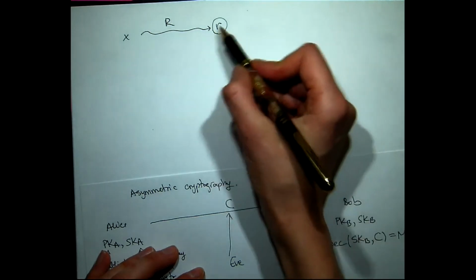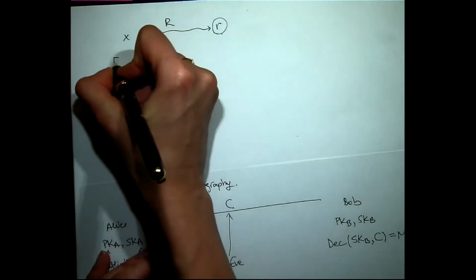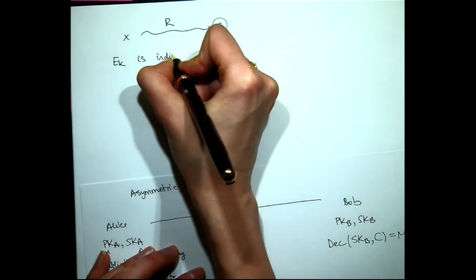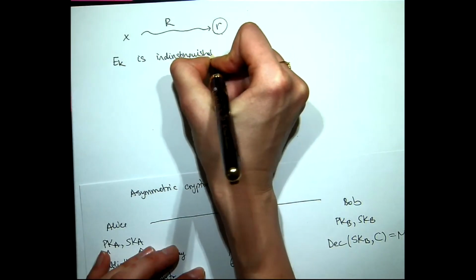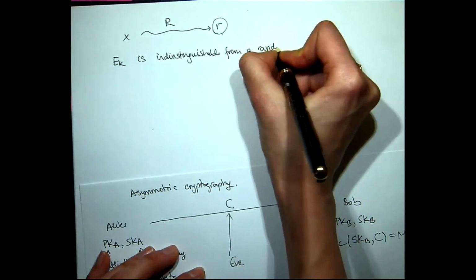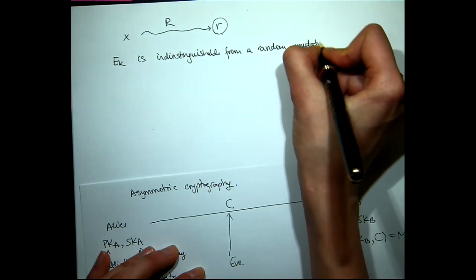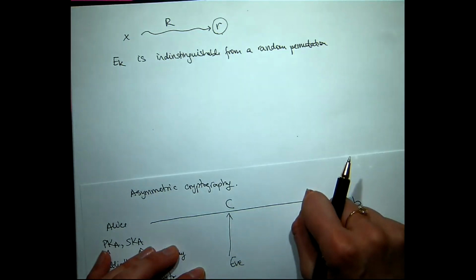So basically E sub k is indistinguishable from a random permutation. If you could invert E sub k, then it would not be a random permutation.